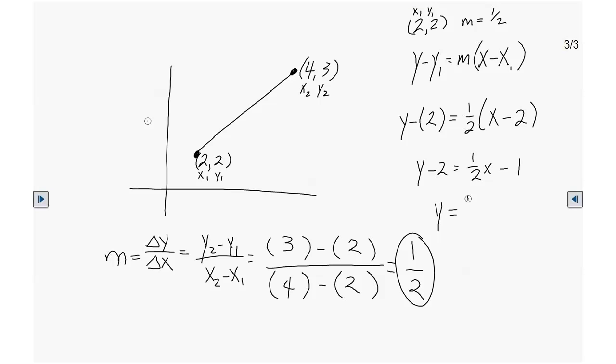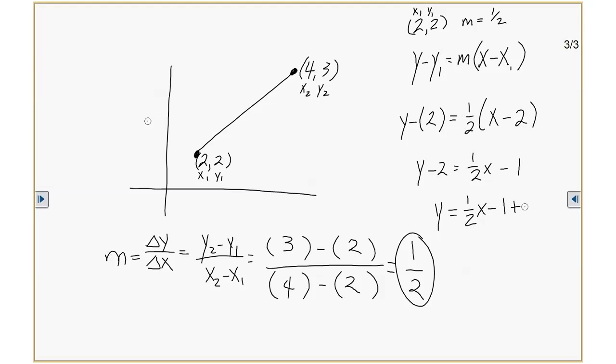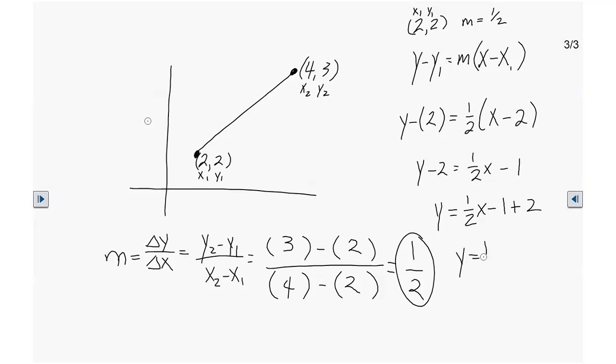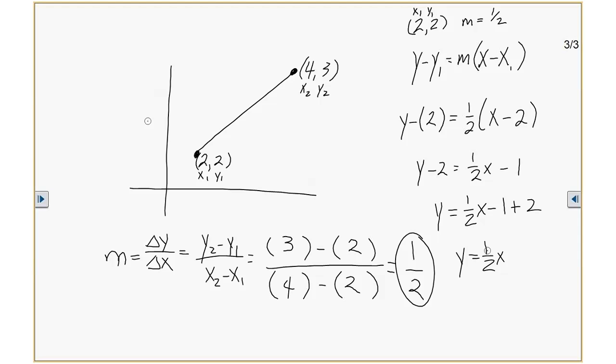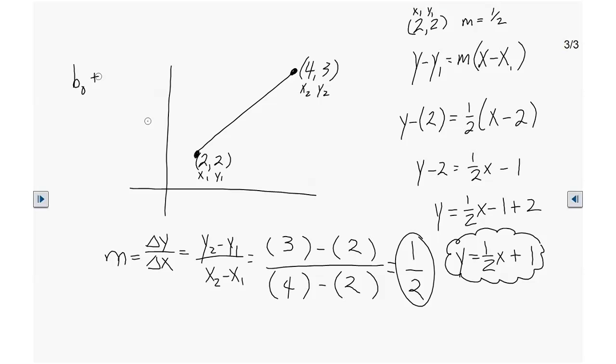Y is equal to 1/2 x minus 1 plus 2. Y is equal to 1/2 x plus what? All right, now, you may or may not be as fluent with that as you want to be, but you've done it before. In statistics, it's written as b sub 0 plus b sub 1 x, or something like that.